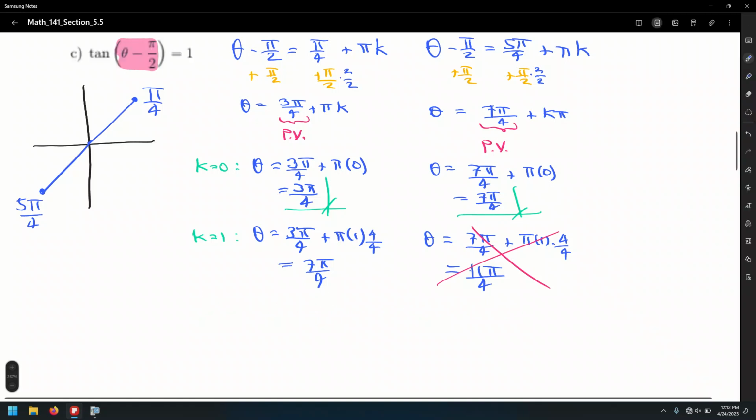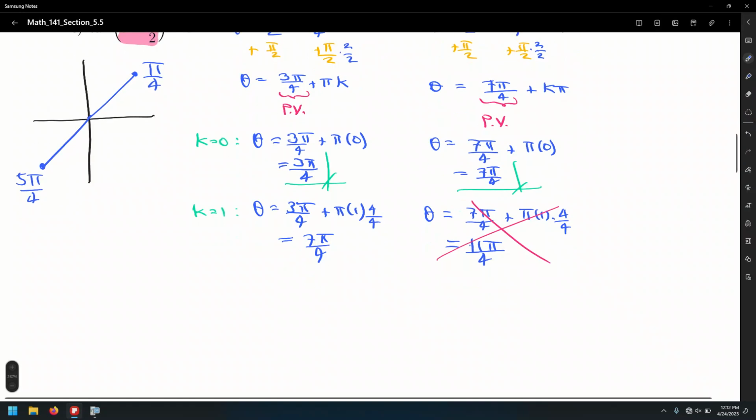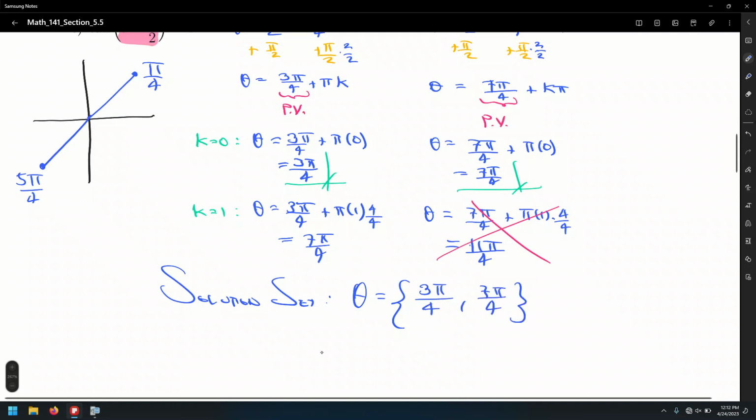So really the two-solution set will be theta in curly braces, 3 pi over 4, comma 7 pi over 4. All right, that's the final answer.